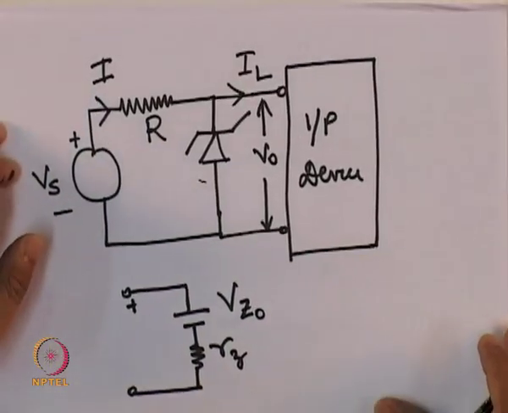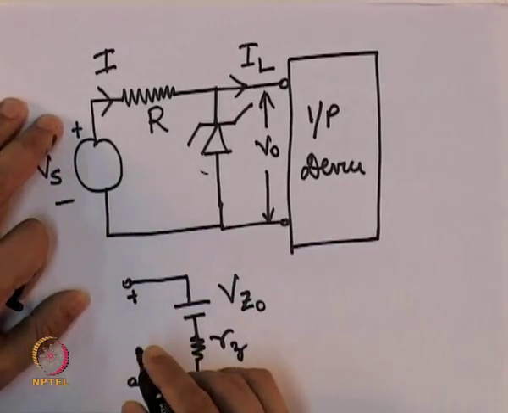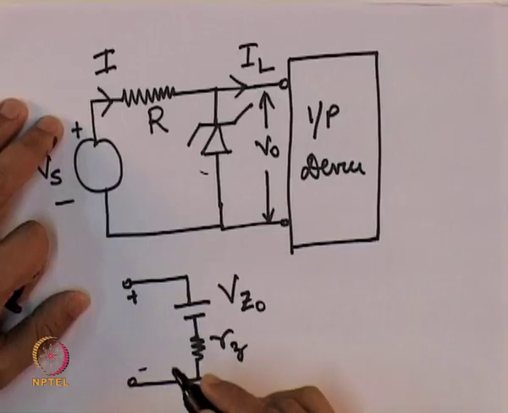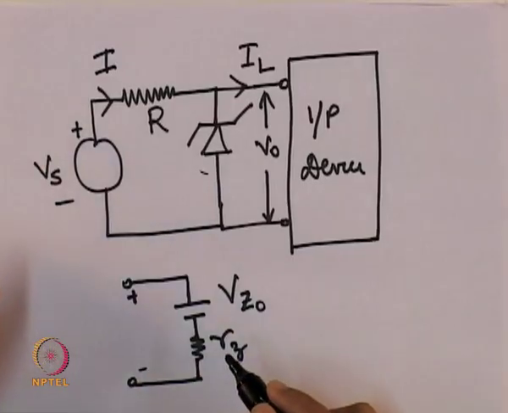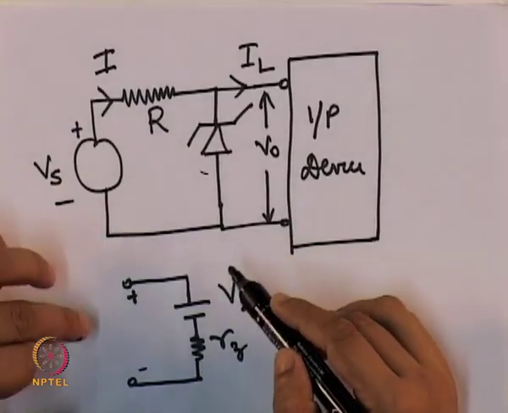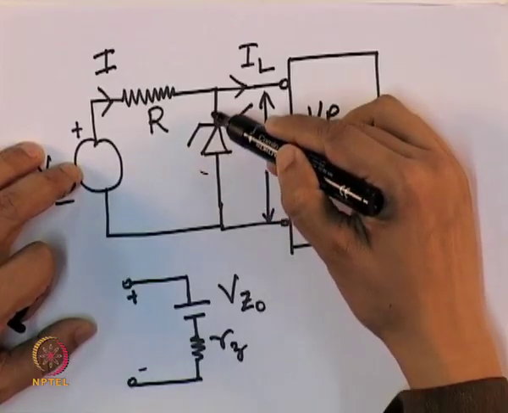So, when the voltage becomes more negative than VZ0, there is a sudden spike in the current flowing. By more negative, I mean between this terminal and this terminal.